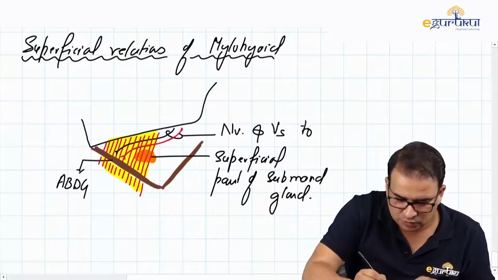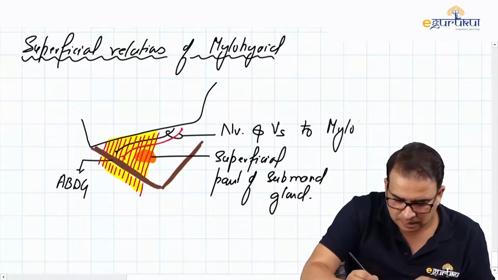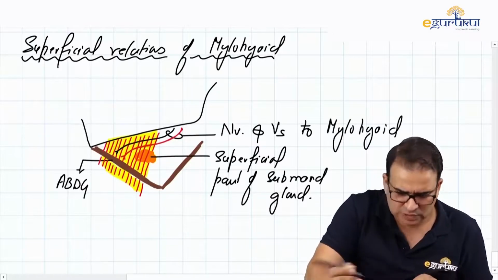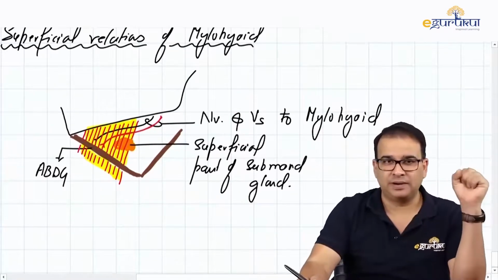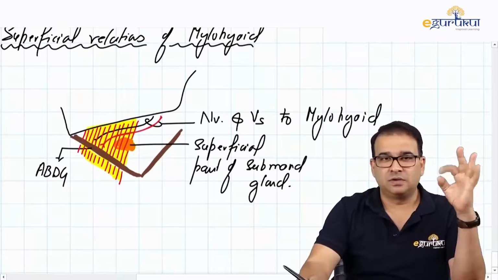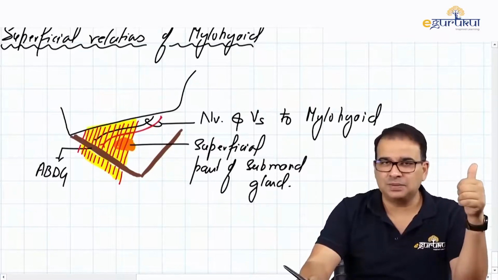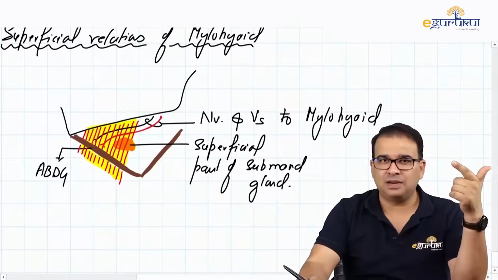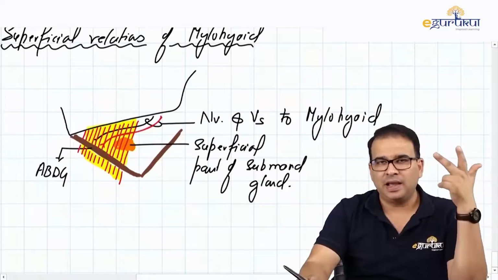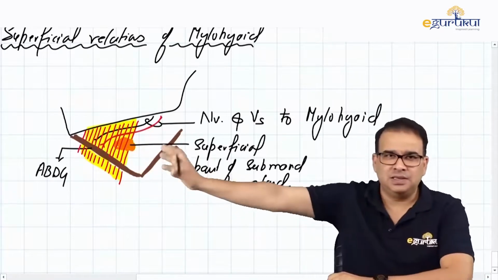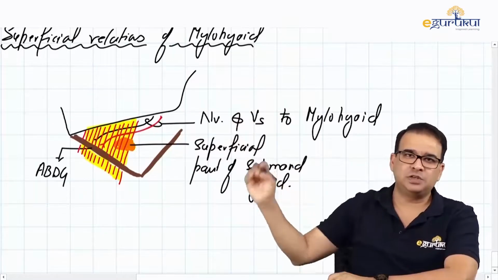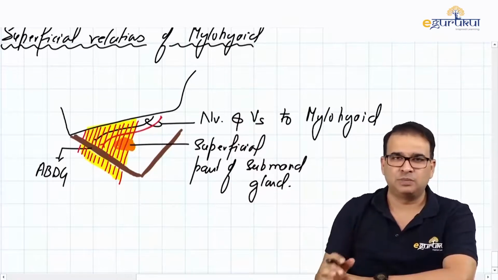Nerve and vessels to mylohyoid, which also supplies anterior belly of digastric, they're also present superficial to mylohyoid. Four things I should say: anterior belly of digastric, superficial part of submandibular gland, nerve to mylohyoid, and artery, or you can say vessel to mylohyoid. Obviously some lymph node will also be there. These structures are present where? Superficial to mylohyoid.